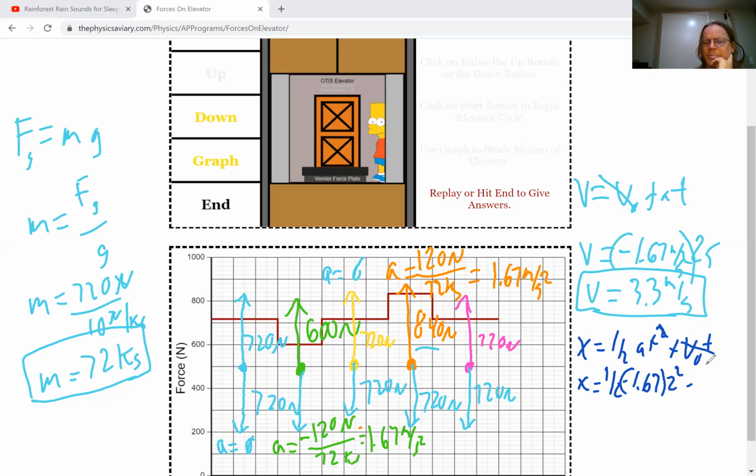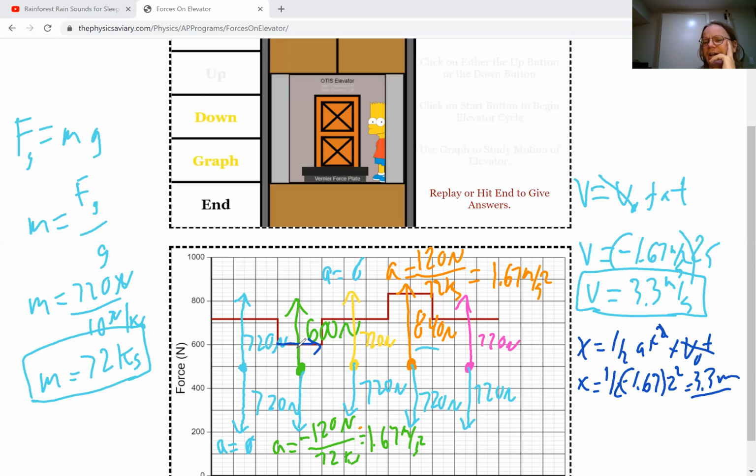So there would be my displacement. So it's 1/2 times 1.67 times the 4 there. And I end up with a displacement of 3.3333 meters. That's only for the first section right over here, guys.